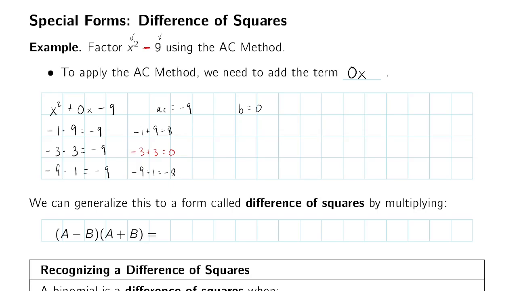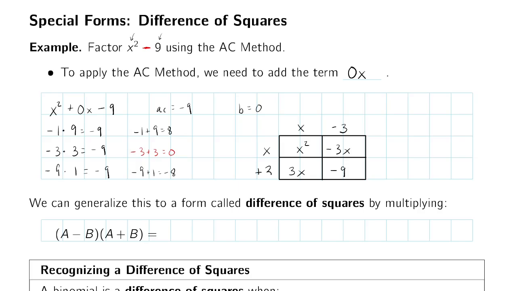And then what happens? I can use the shortcut here, but I want to see the illustration. I've got my x squared and my -9. I've got my -3x and my +3x that I know add up to 0. First row, greatest common factor is an x. Then I need an x in the first column, a -3 in the second.